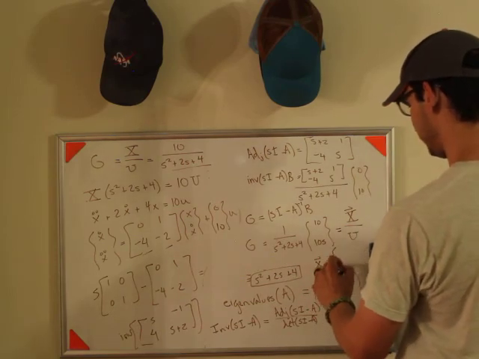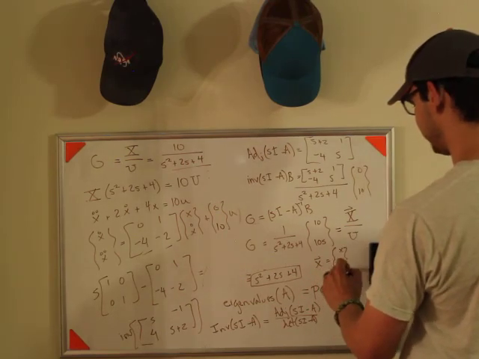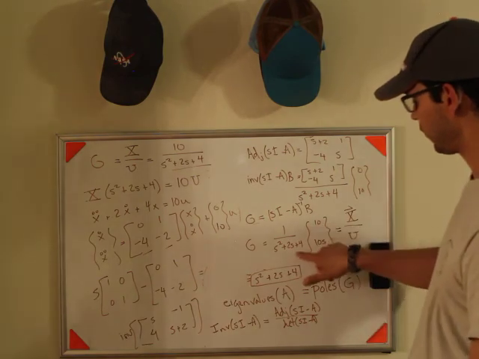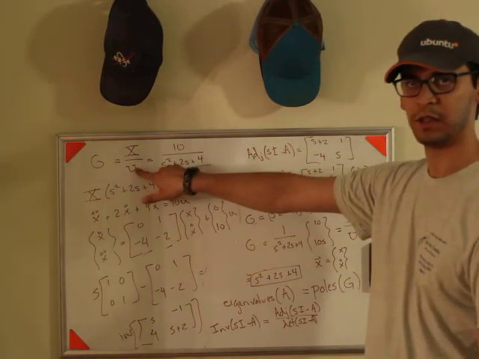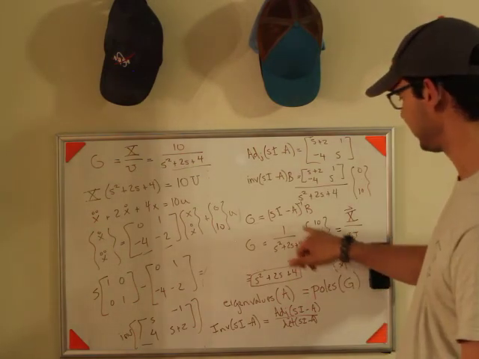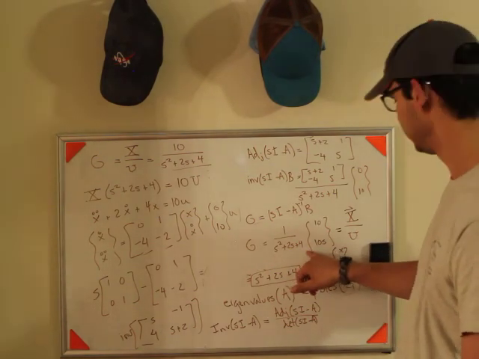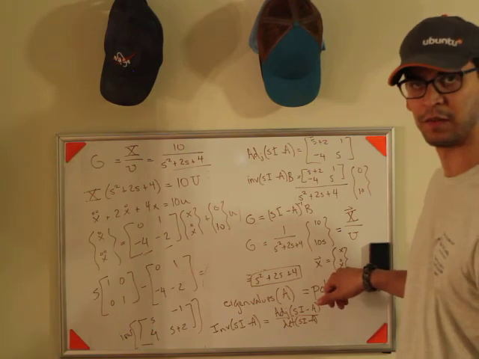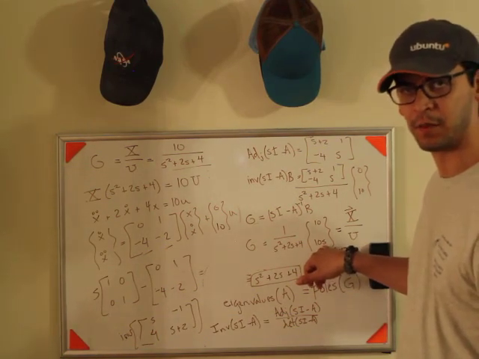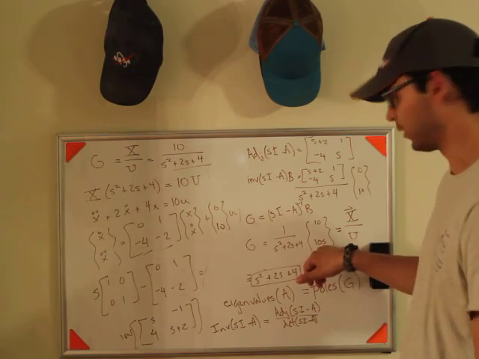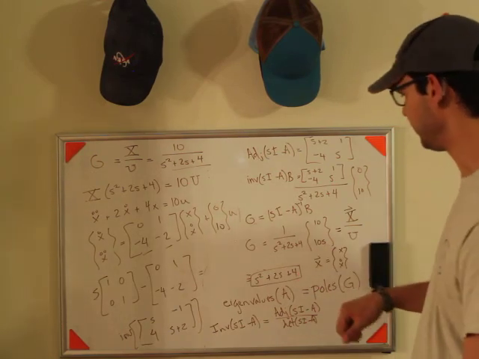X in the time domain is little x dot. So 10 over s squared plus 2s plus 4 is the transfer function of x over u. 10s over s squared plus 2s plus 4 is the transfer function of x dot. And it's pretty clear that the x dot comes from this s here. And so there you go.